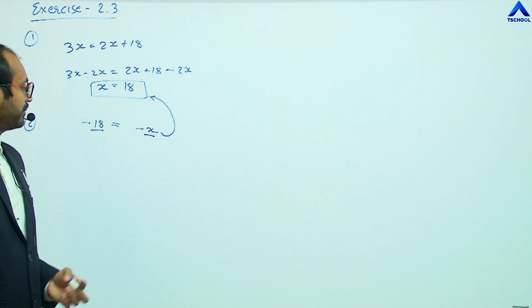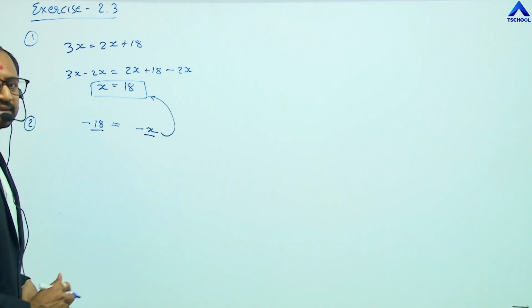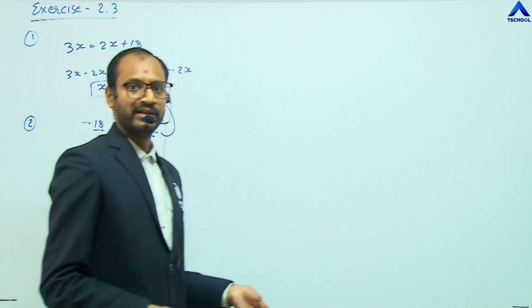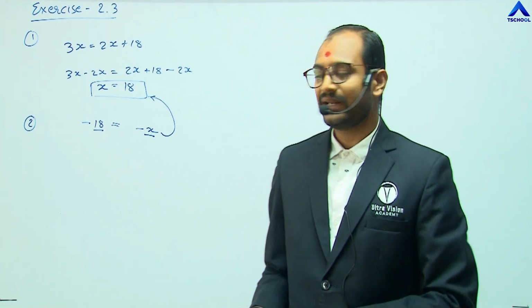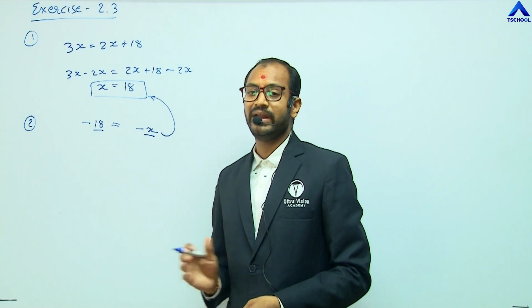Clear? Because minus x and minus 18 indicate that both are negative numbers. So what is the value of only x? What is the meaning of only x? That is only 18, not negative 18.